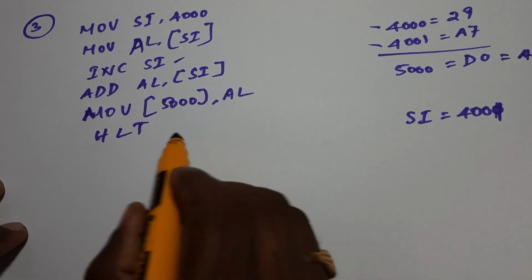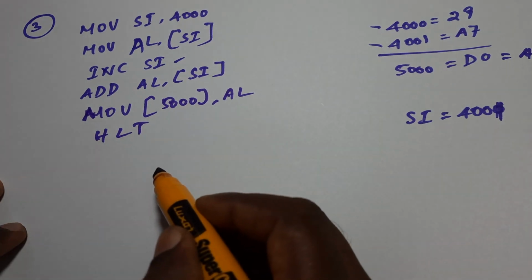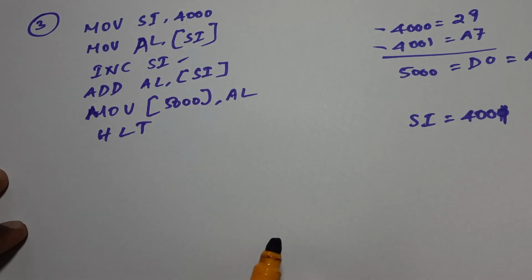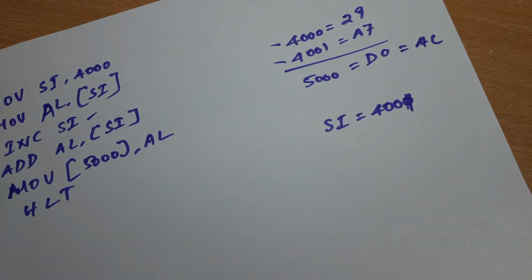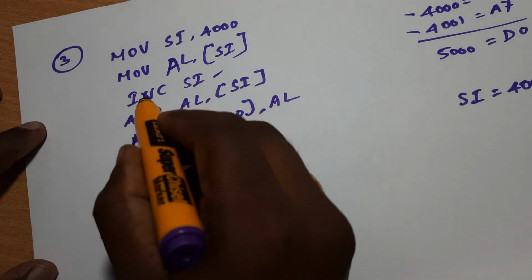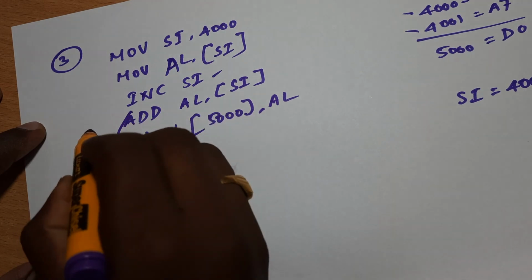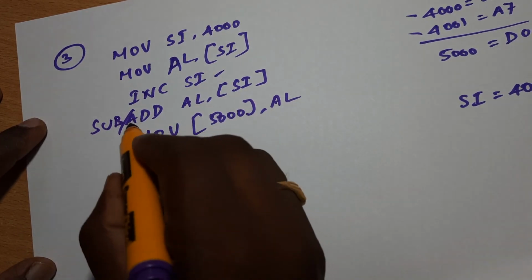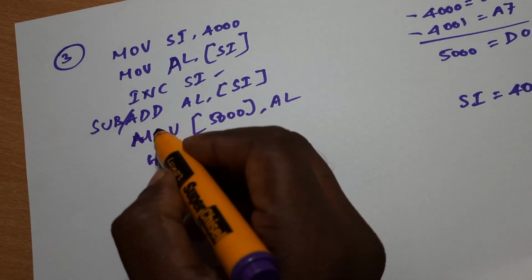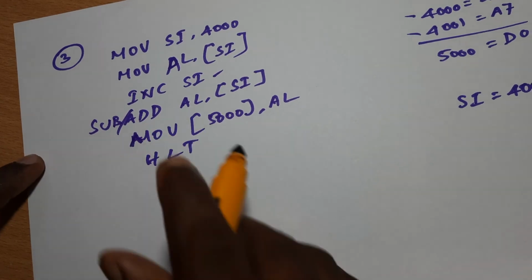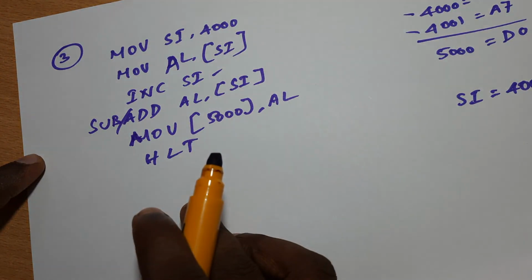Now these are the three different methods to do our program. Next we can see subtraction. Whatever we have done already, instead of ADD, addition without carry, we just write SUB, subtraction without borrow. All the instructions are the same.